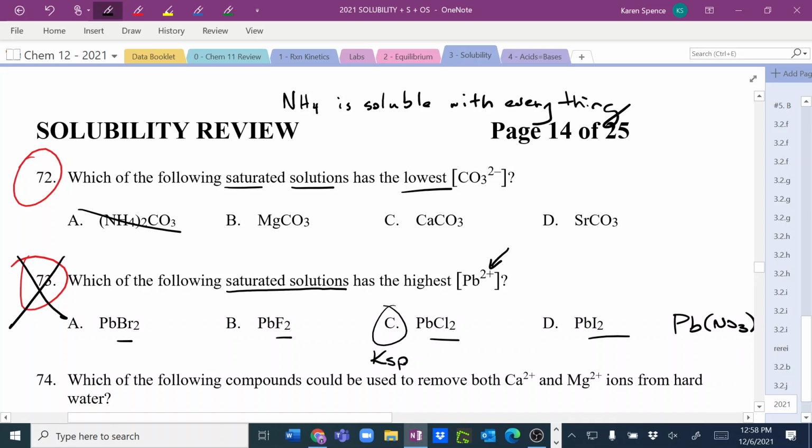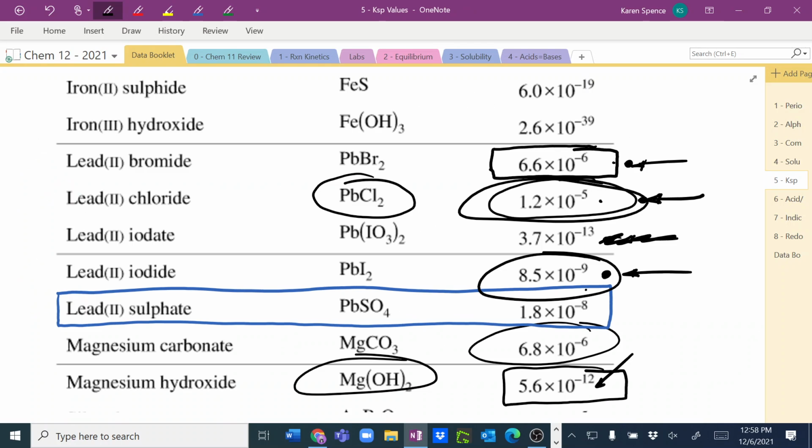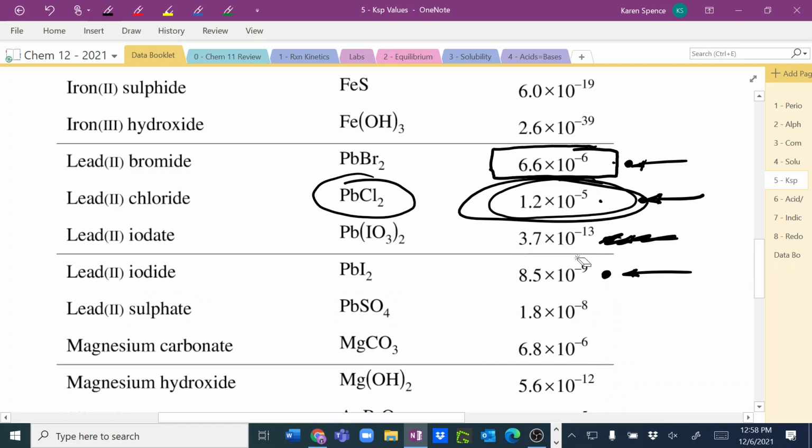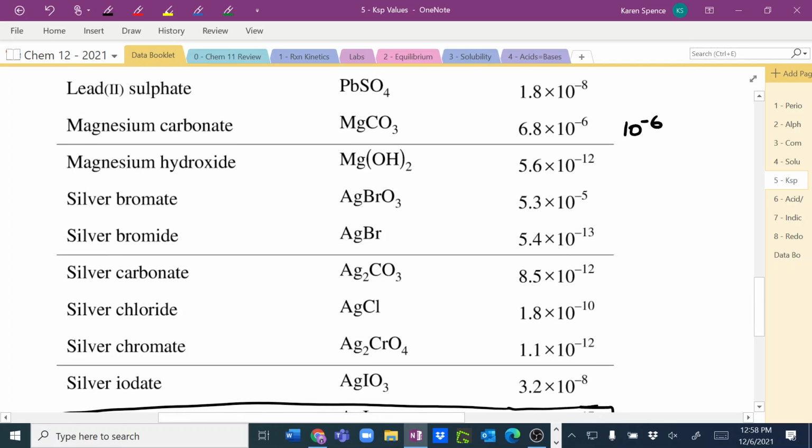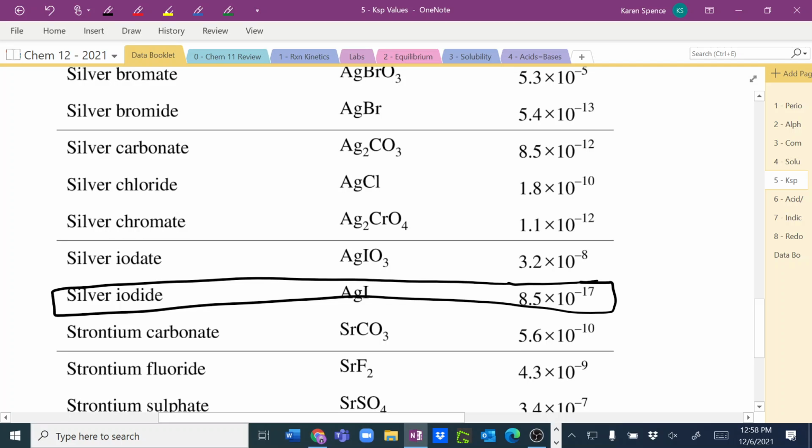We're now going to have to choose between magnesium, calcium, and strontium. My guess is that magnesium is 10 to the minus 6. Strontium is 10 to the minus 10.